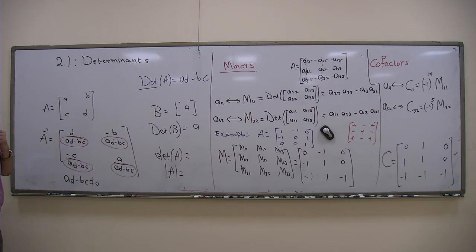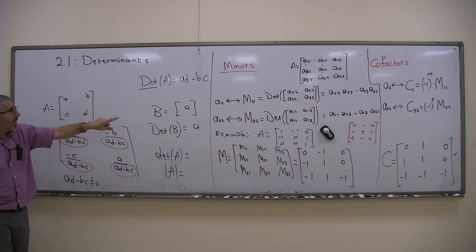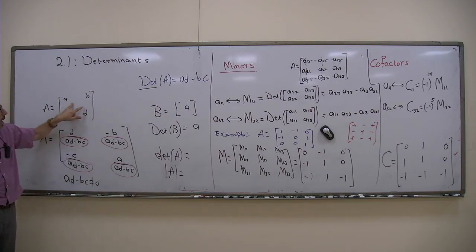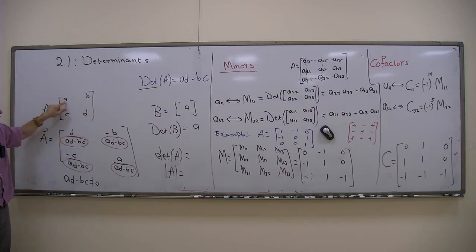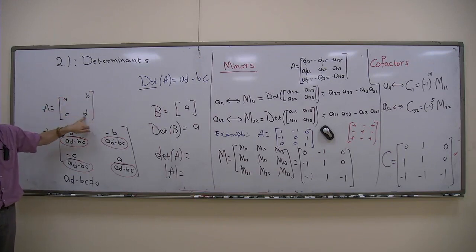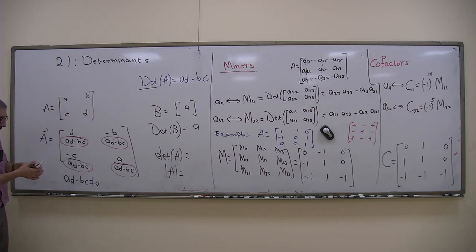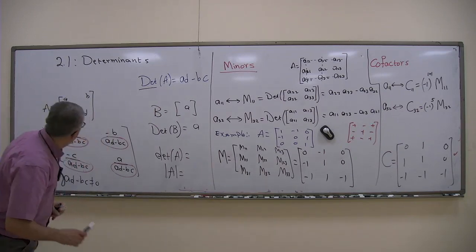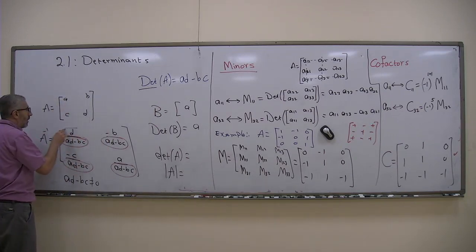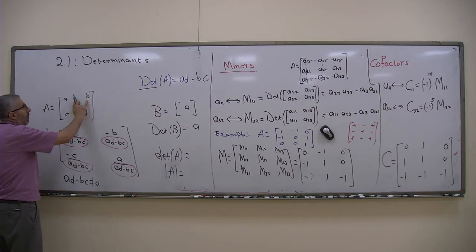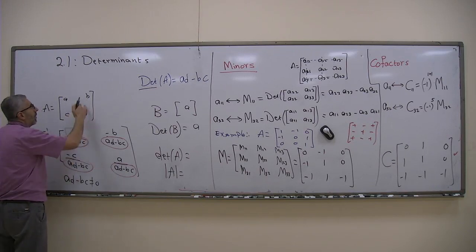All right. By the way, if you want to apply this here, you can do that. So here you can say, what is the minor that you associate with this? Well, cover this column, cover this row, so it is D. Okay? So the minor of A is D. The minor of B, what is the minor of B?